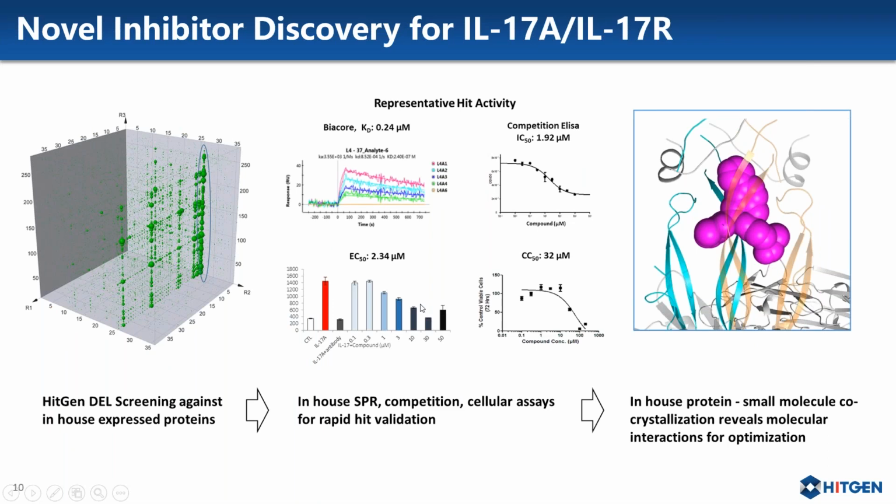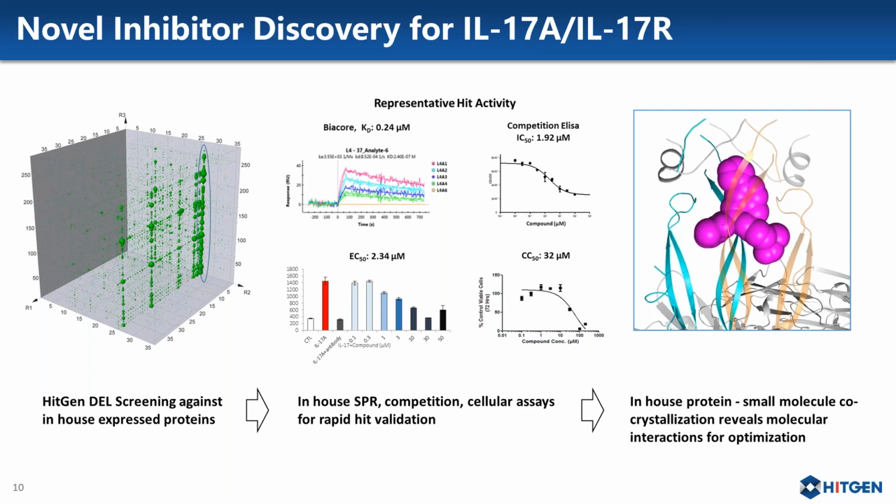Protein-protein interactions represent a vast class of therapeutic targets, both inside and outside the cell. The human interactome has been estimated to cover 400,000 protein-protein interactions.